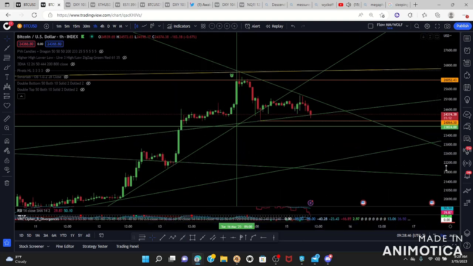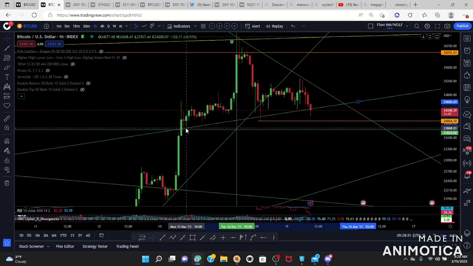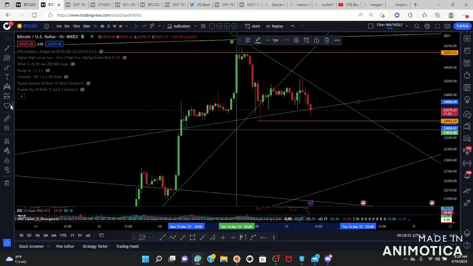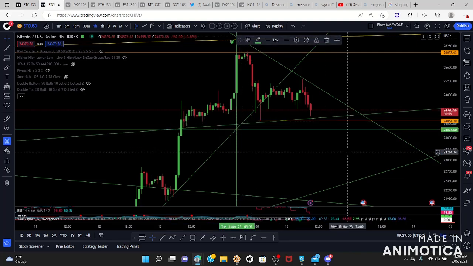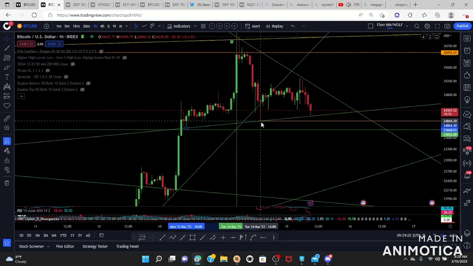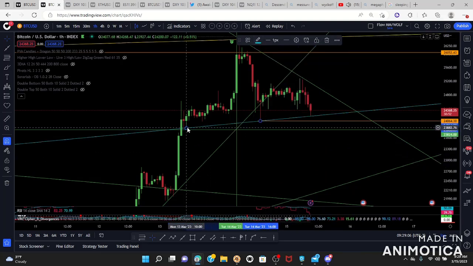We could use this wick here. Let me turn on the magnet. That would be, I guess, a little bit more appropriate. I thought it broke already.